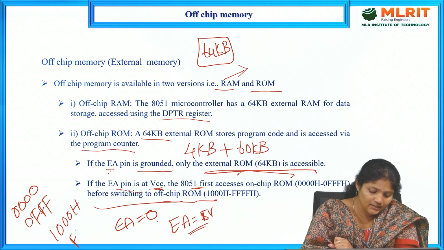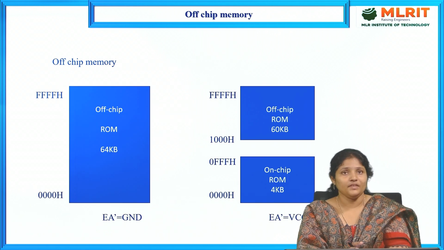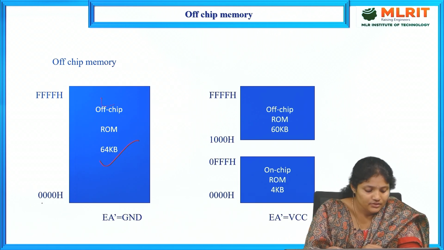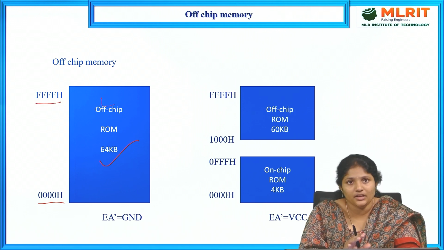the off-chip ROM locations will start from 1000H to FFFFH. How? Let us see. This is the total off-chip ROM, 64 kilobytes. It will always start from 0000 to FFFF, but when EA equals ground, 0, the total external memory will be used.